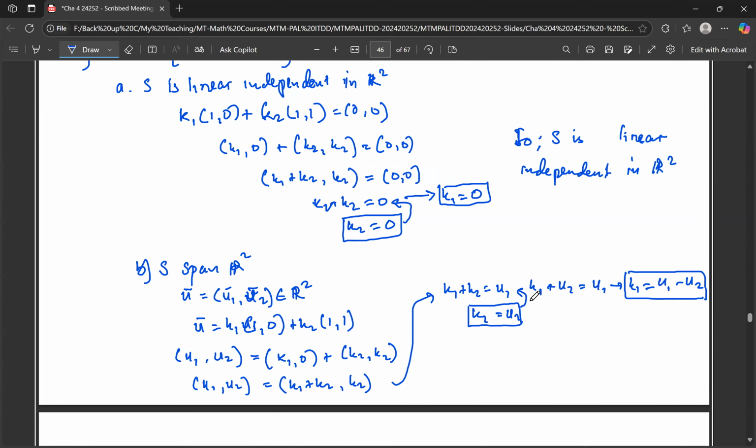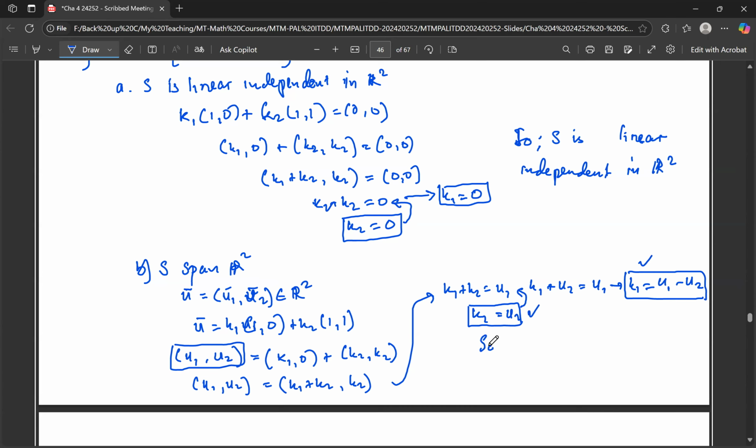It means that for any vector u in R2, we have the linear combination where the coefficients are k1 and k2.